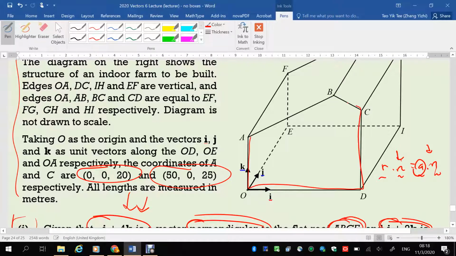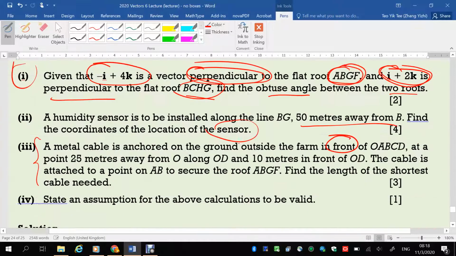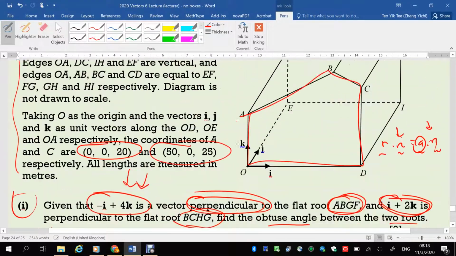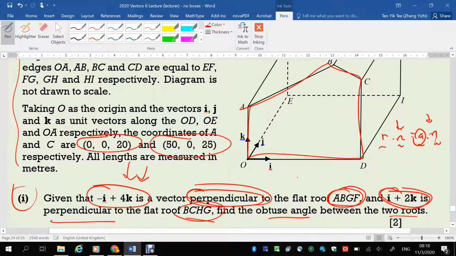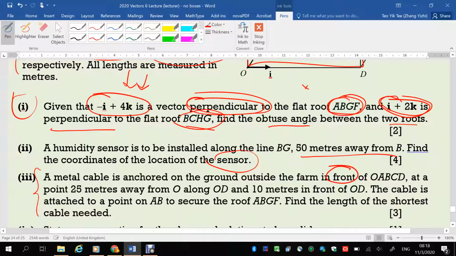This is where the front is, and your anchor is supposed to be anchored to the ground outside the farm. So your anchor is supposed to be somewhere here outside the farm.